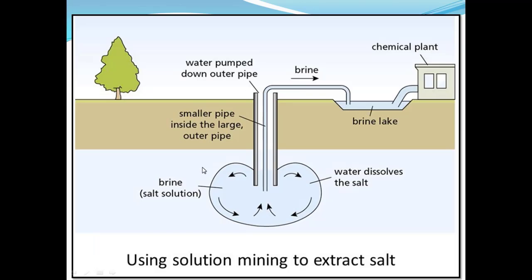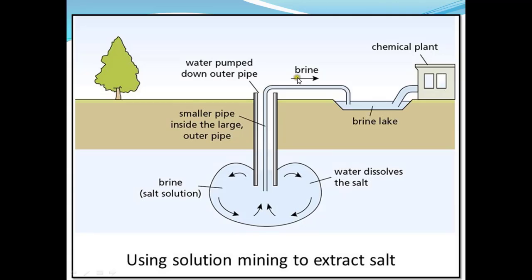Now you can see the picture where we are using solution mining to extract the salt. Here is a brine solution, where water dissolves the salt and makes the brine solution. These are the pipes: the smaller pipe inside the large outer pipe.